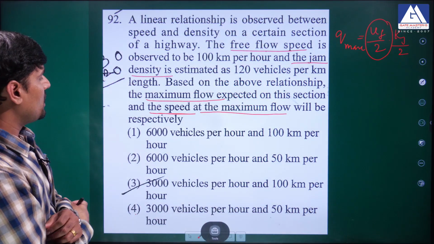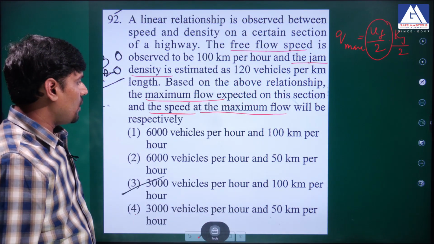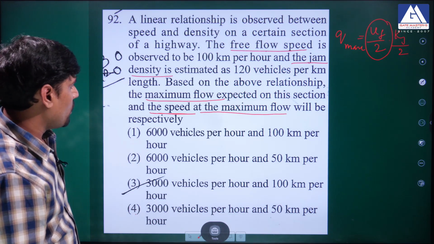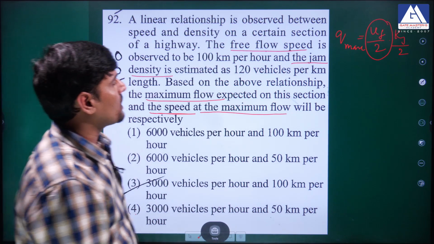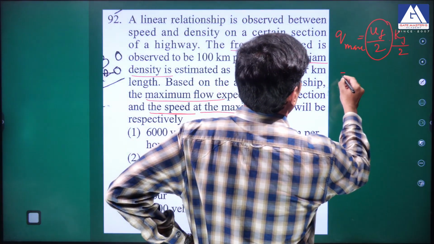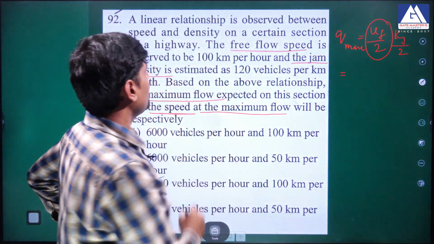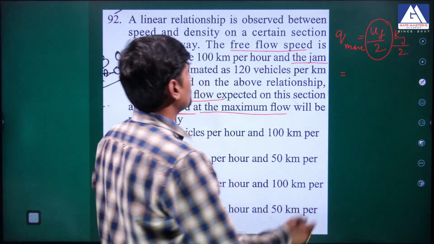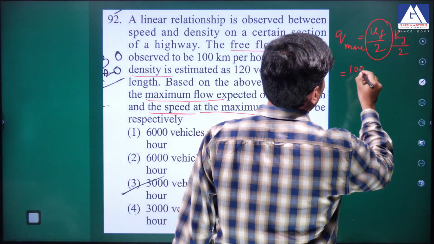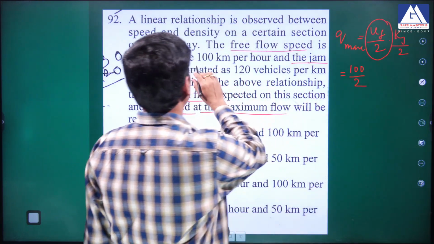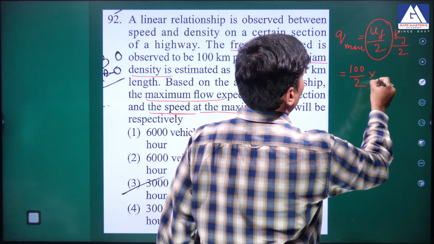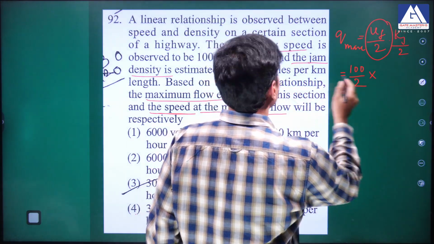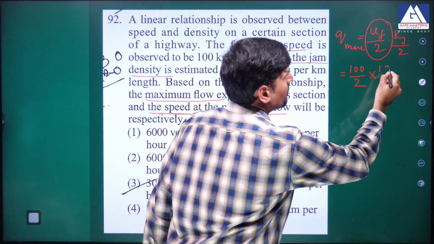So, let us try to understand the options. Option number 1. Or otherwise let us try to calculate. Qmax can be calculated using the given data. So, it is 100 divided by 2, where 100 kmph is the free flow speed, and 120 divided by 2, where 120 is the jam density.